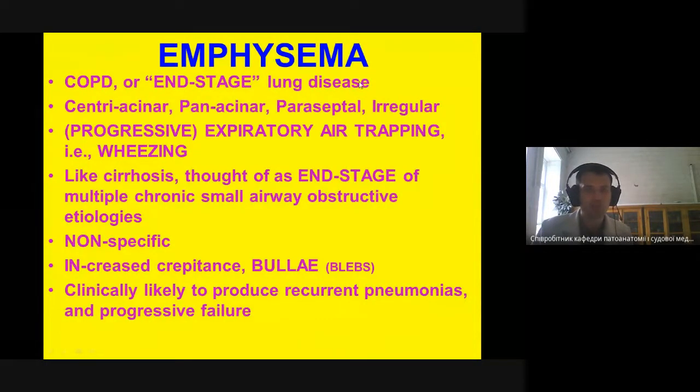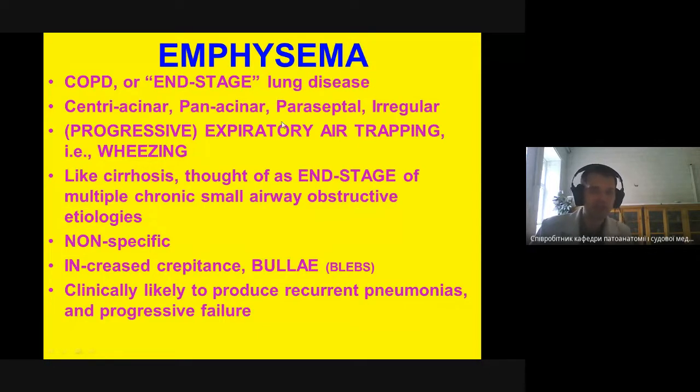COPD, or end-stage lung disease. Emphysema is very common in any chronic lung disease. Types: centriacinar, in the center of the acinus, panacinar, paraseptal, irregular. Progressive expiratory air trapping.